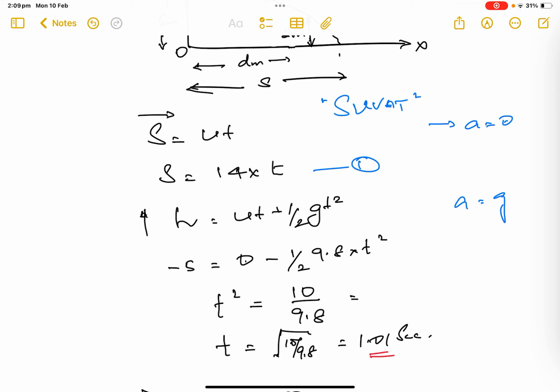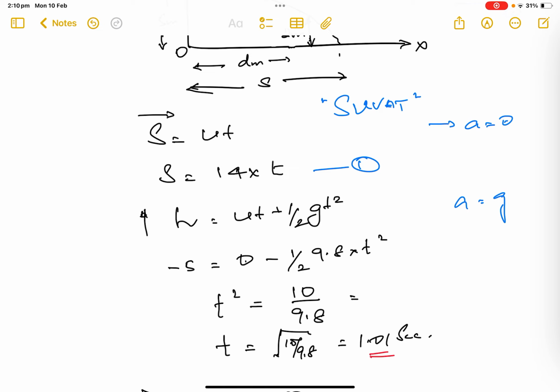When the pebble reaches the ground, it has travelled minus 5 meters, if we are taking upwards as positive. Therefore, when the pebble reaches the ground, it has gone minus 5 meters, and of course there is no initial vertical velocity.